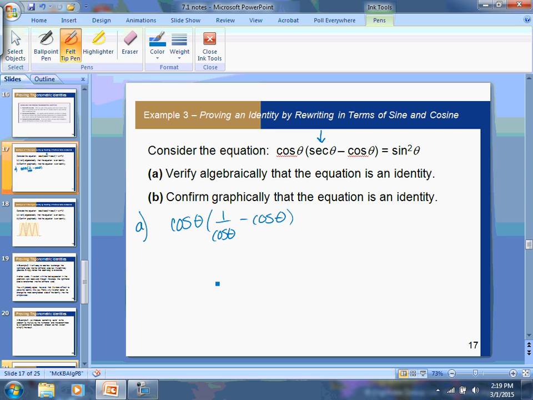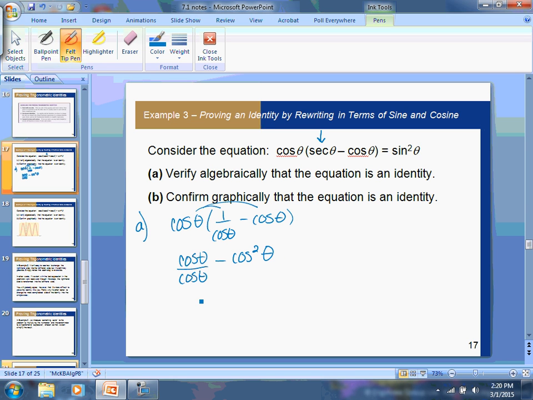Okay. And now I could multiply these. If I multiplied or distributed that cosine theta to both terms, then I would have cosine theta over cosine theta minus cosine squared theta.